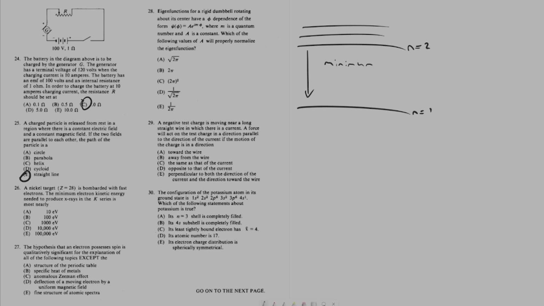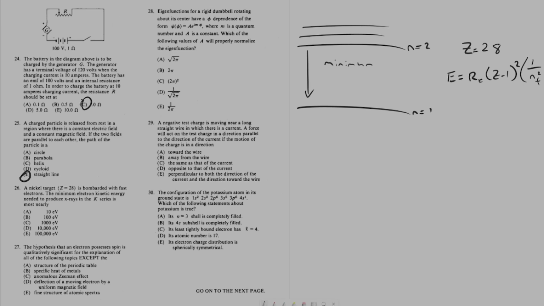Now, looking at this, we have Z equal to 28, and the equation is E equals the Rydberg energy, Z minus 1 squared, times 1 over n final squared minus 1 over n initial squared.